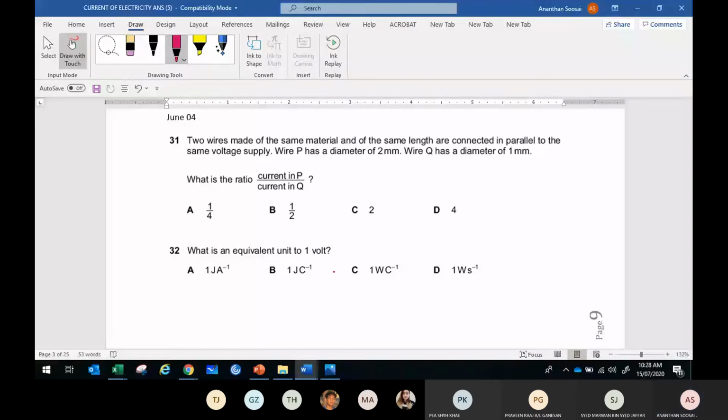Okay. Put in area. A. So getting A. So let's see the others. You want to find the ratio of current. So what is the same? The resistivity is the same. V equals IR.